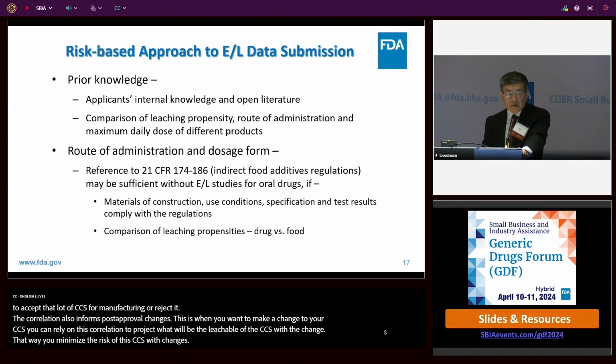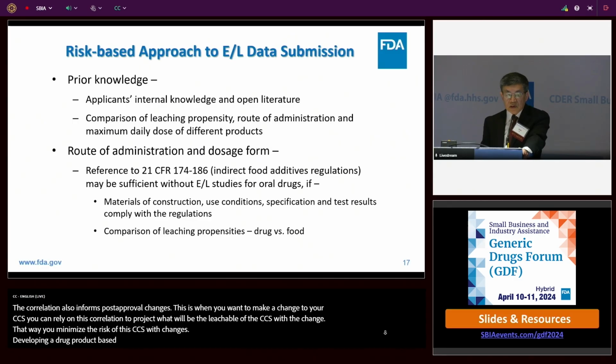Developing a drug product based on a risk-based approach is always good to do. And extractable leachable evaluation is no exception. First, you want to look at prior knowledge. You may have already used the same CCS for a similar product or a different product.